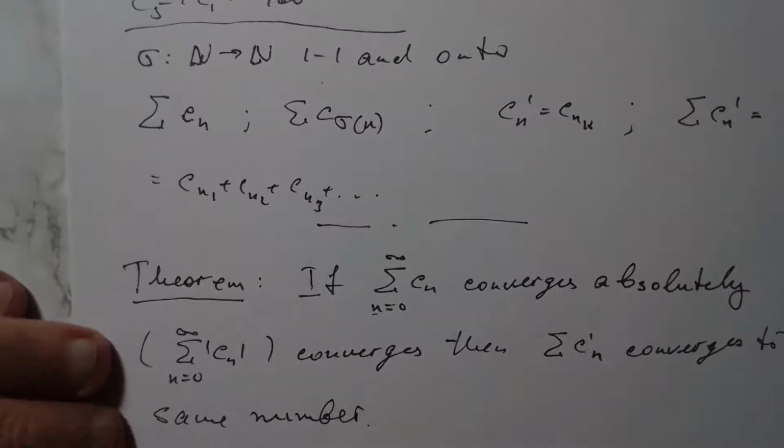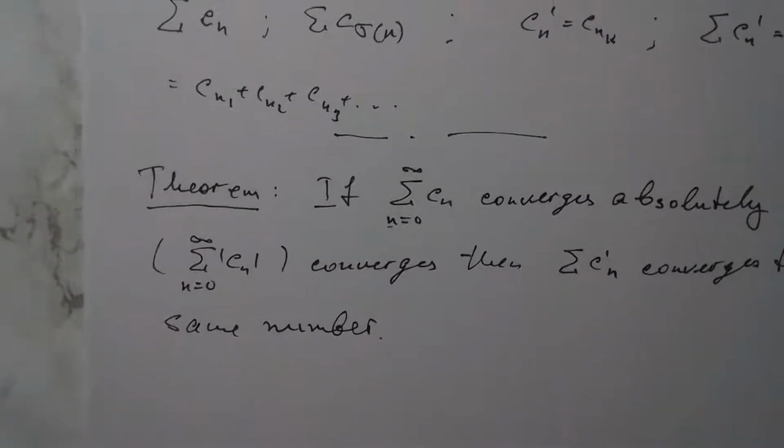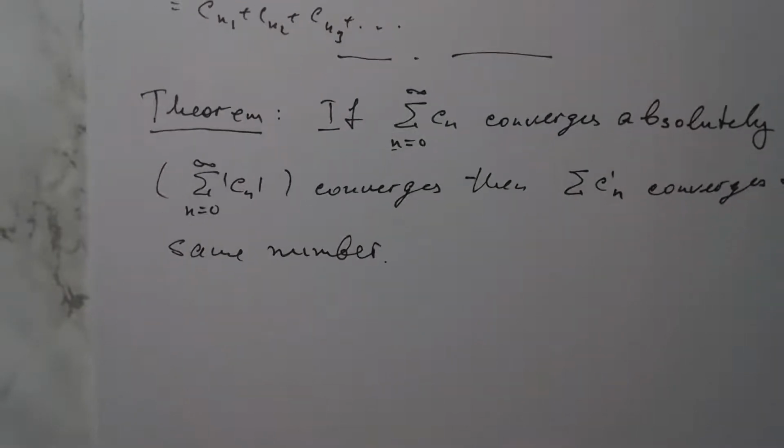In other words, if the series converges absolutely, then you add the terms of the series in different order, and the resulting series would still converge to the same number. Okay, let me do a proof.